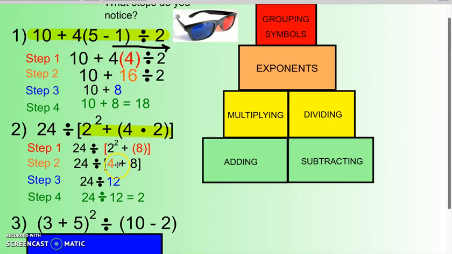How about, where does the 4 come from on step number 2? Yep, it comes from exponents because that's our next step. So 2 to the second power means 2 times 2, or 4. How about the 12?